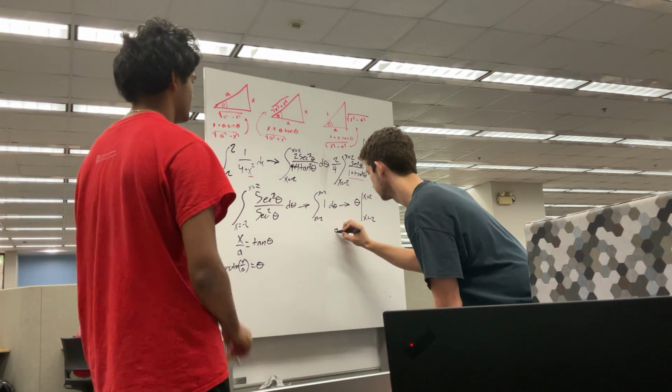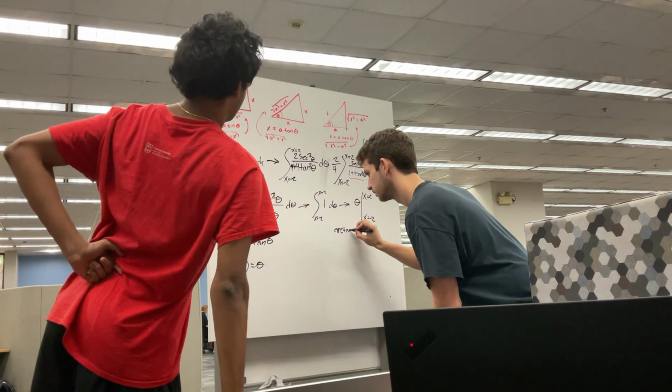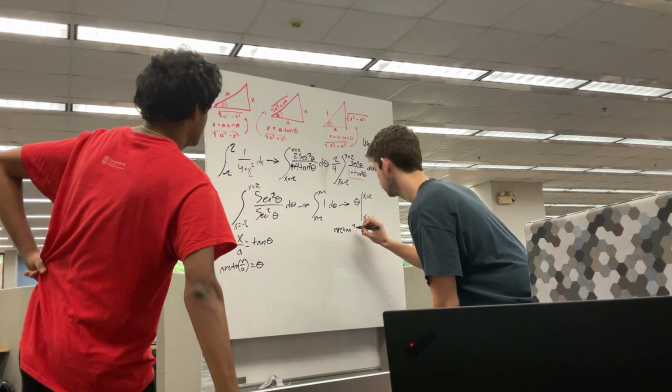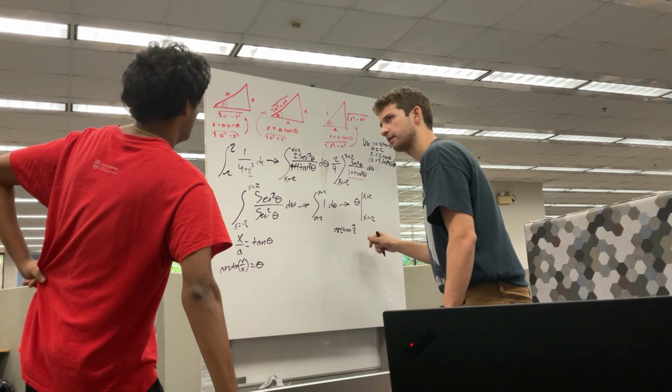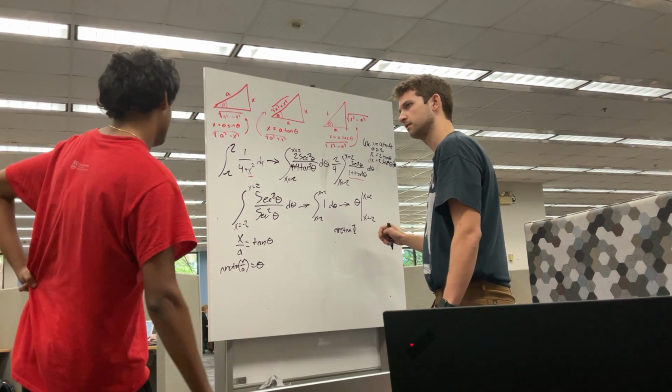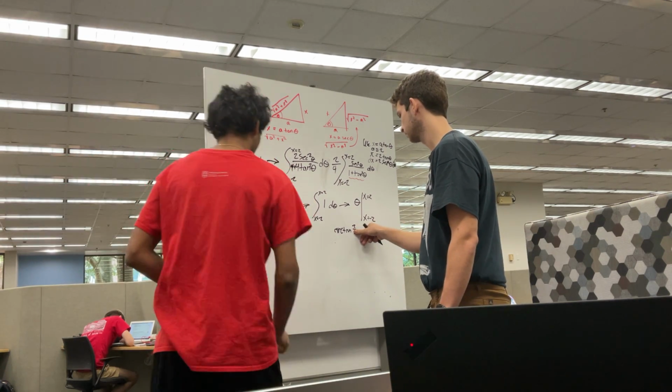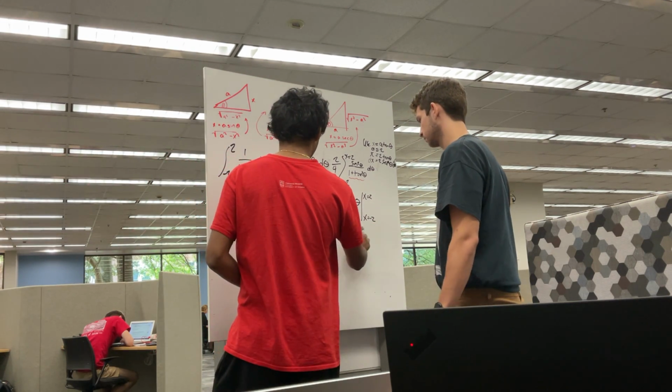So this is arc tan 2 over 2. Do I have to add a? Incorrect. I think you were perfect until there.